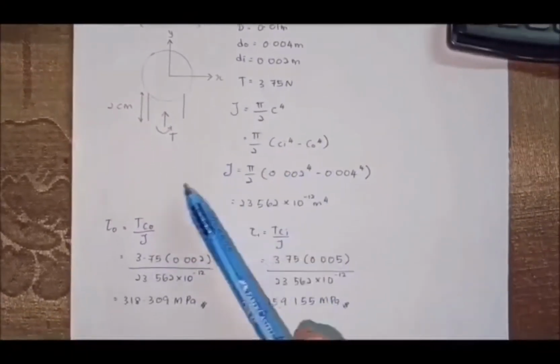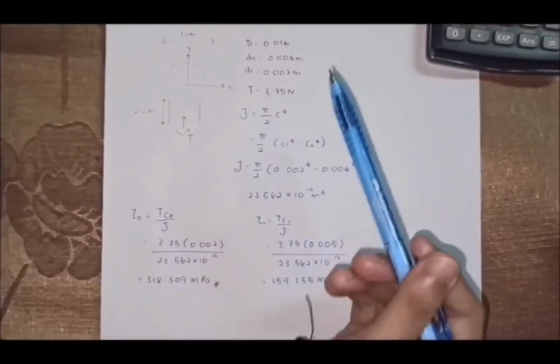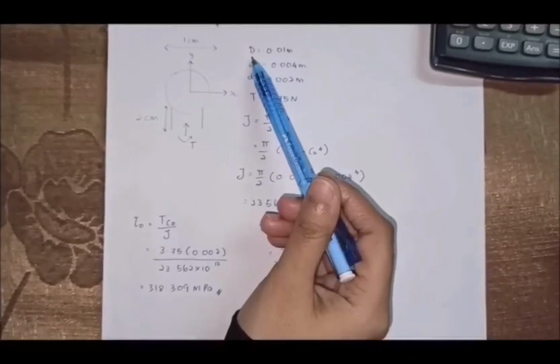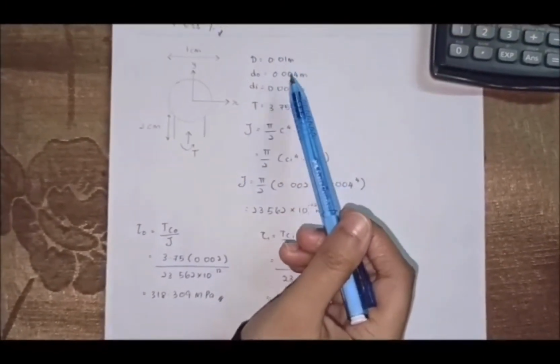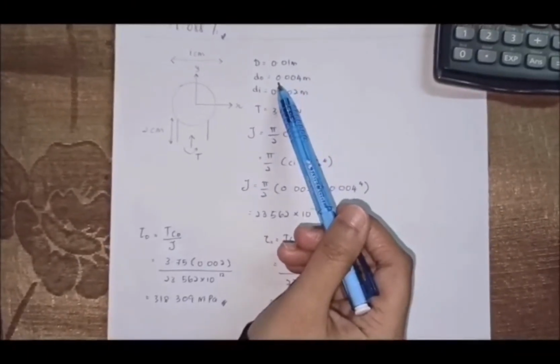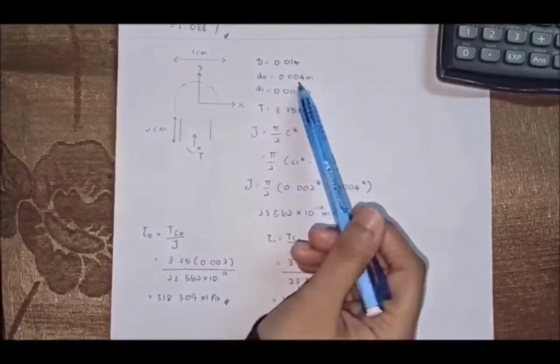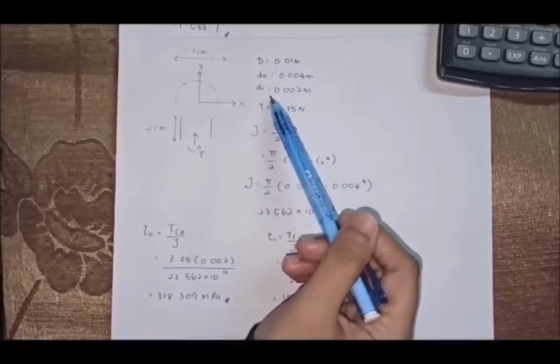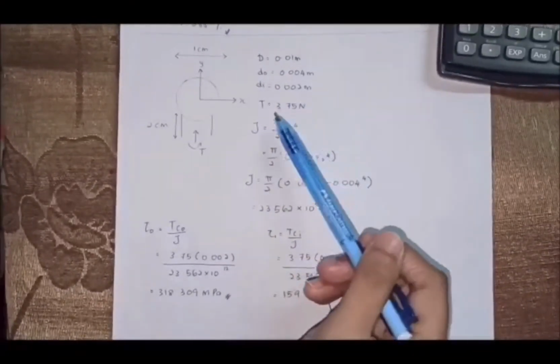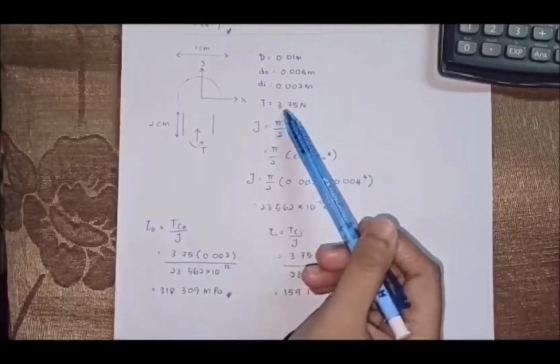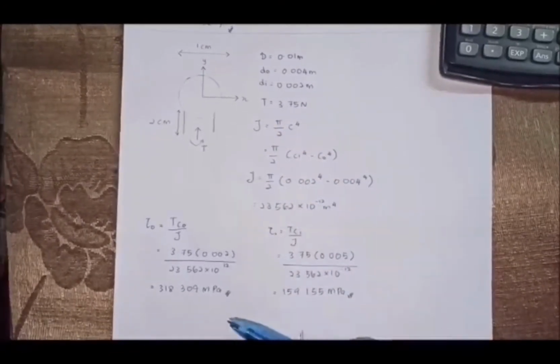Okay, for the last calculation of the torsion is for the torsion circular. For the torsion circular that we have, the diameter of external is 0.01 meter and diameter of internal is 0.04 meter, and for the second is 0.002 meter, and the torsion is 3.75 Newton.